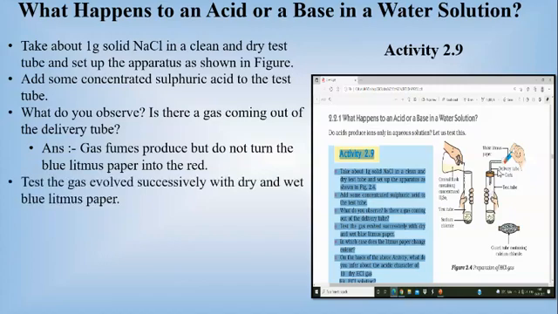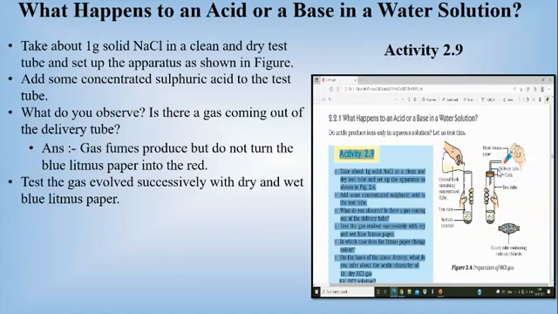Test the gas evolved successively with dry and wet blue litmus paper. So here you have to take two litmus papers. One litmus paper should be dry and the other should be wet. Both should be blue only. That is a dry blue litmus paper, then a wet blue litmus paper.